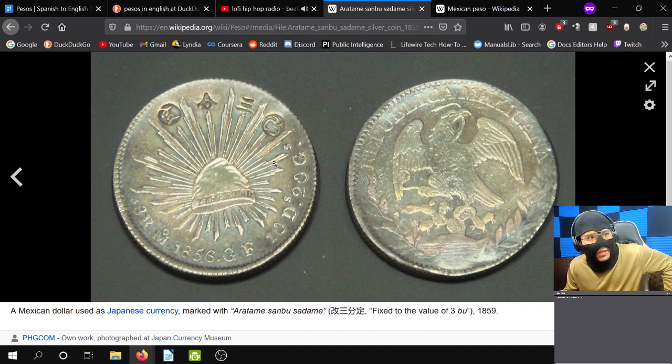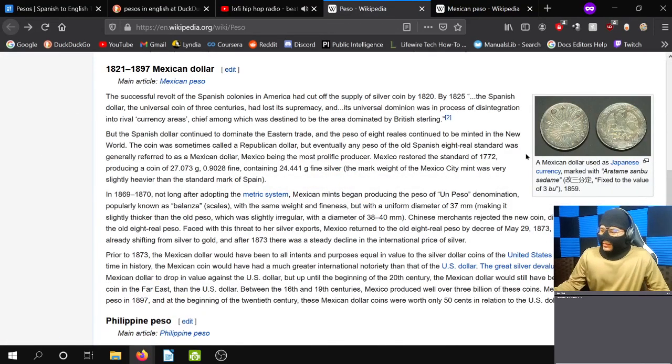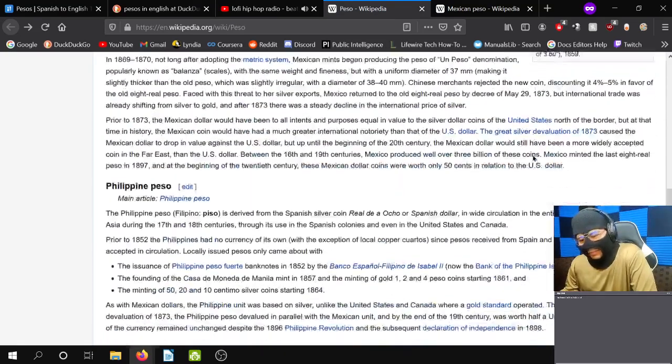So a Chinese character and Roman letters on this coin with the iconic hawk eating a snake sitting on the cactus. Cactus in the lake. Yeah.